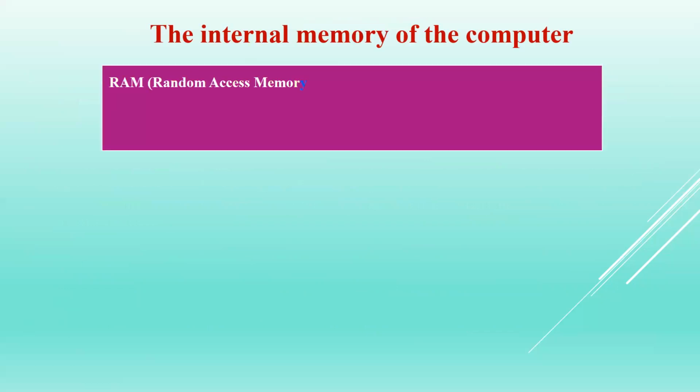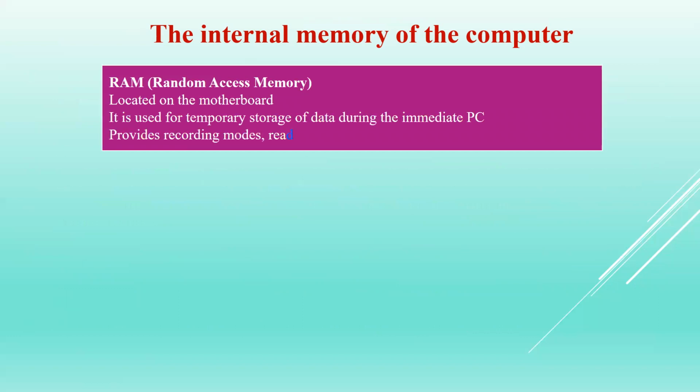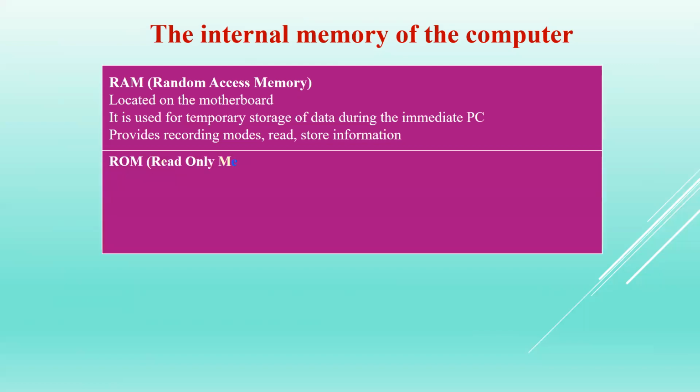The internal memory of the computer. At first we can say RAM. RAM is random access memory. It's located on the motherboard. It is used for temporary storage of data during operation and also provides recording modes, read, and store information.